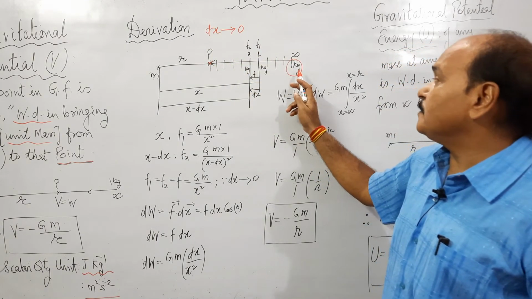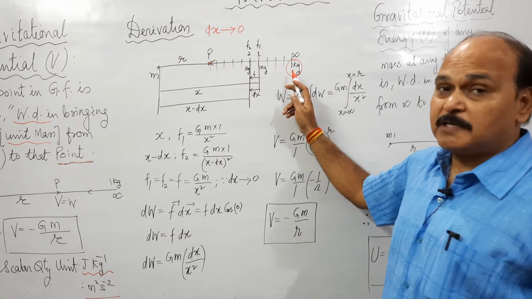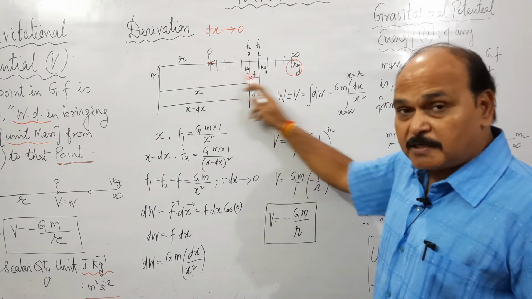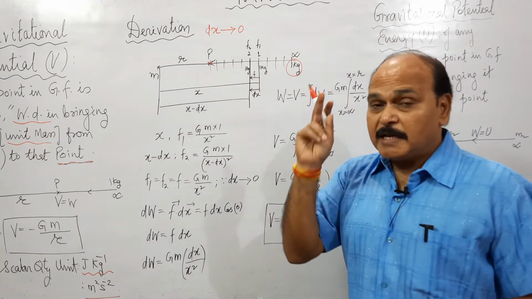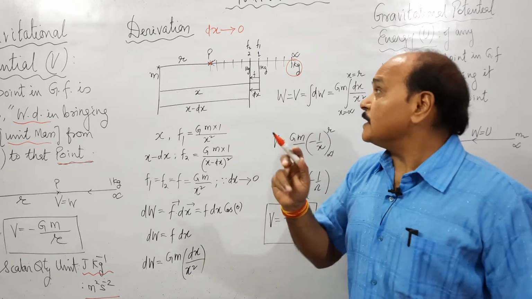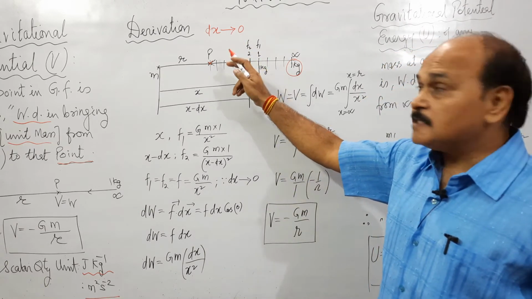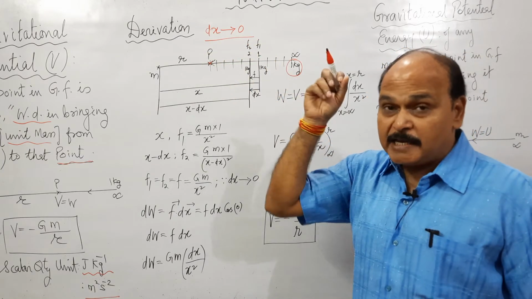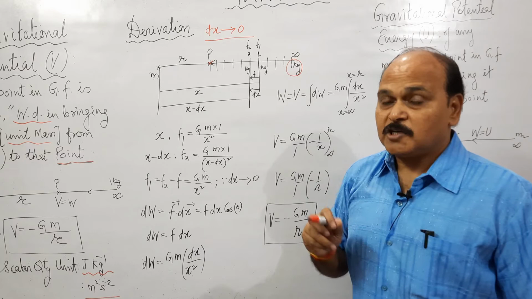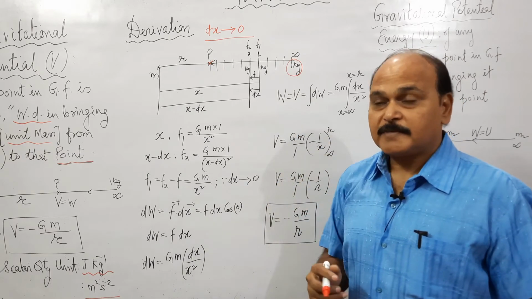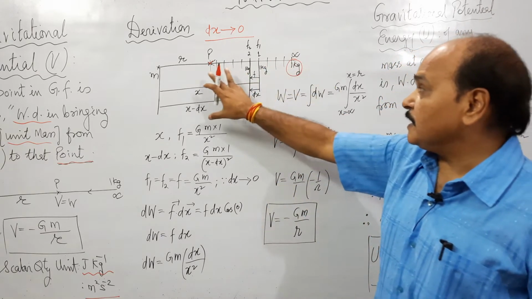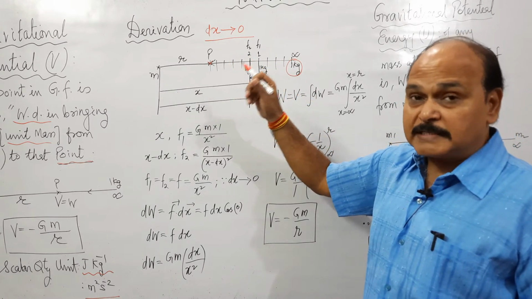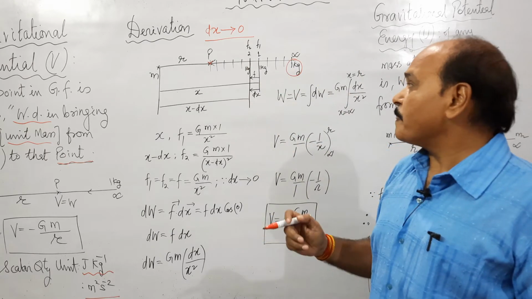So this total displacement which this 1 kilogram mass is making as it moves from infinity to this point is divided into infinite number of infinitesimally small displacements dx each. dx is so small such that it tends to 0, and this is what we call infinitesimally small, smaller than the smallest you can imagine. And this is highly magnified diagram. These dx seem to be very big, but they are so small such that they tend to 0.